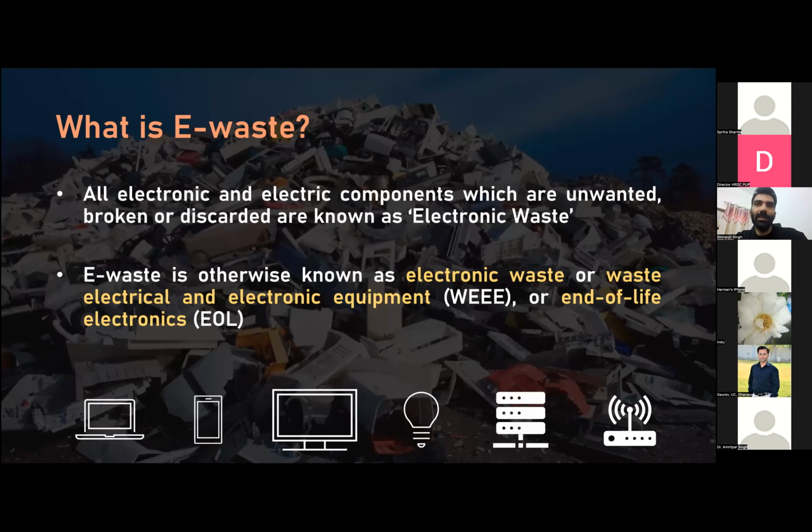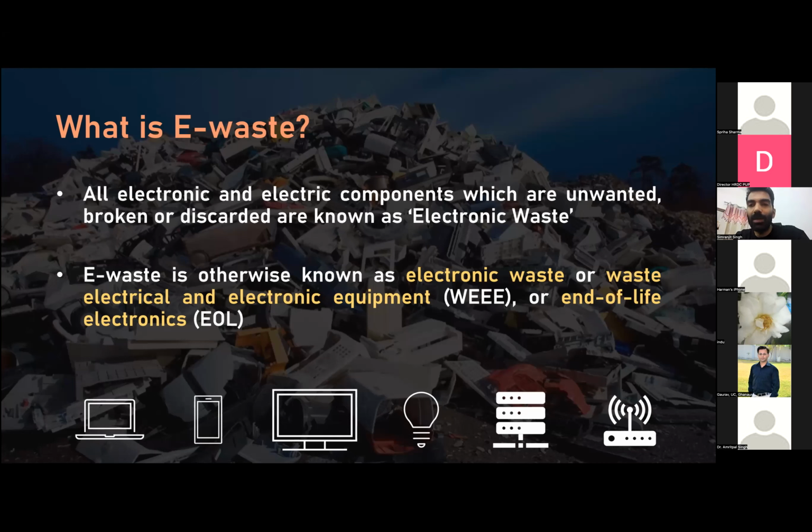Now, coming to the definition of e-waste, all electronic and electric components which are unwanted, broken, or discarded are known as electronic waste. From your end, the day you decide that you don't want this cell phone or laptop or iPad and you want a new one, even though you don't throw it away, you keep it to yourself or give it to somebody else, from your end it becomes e-waste. It might become useful for somebody else if you give it to them.